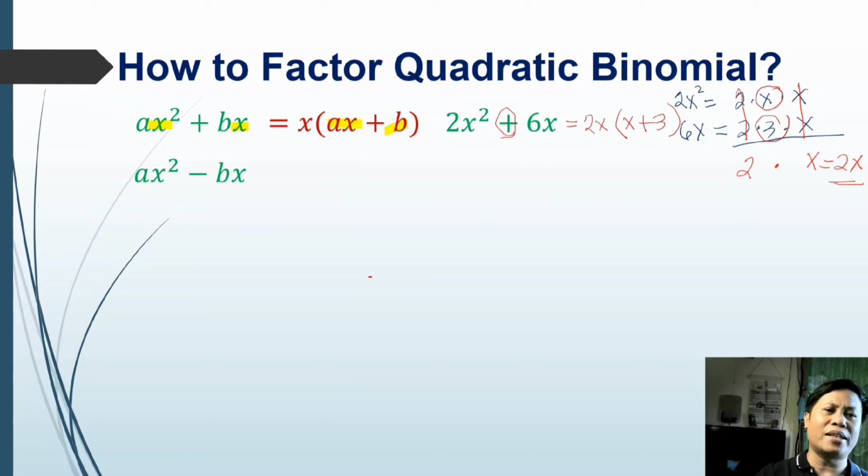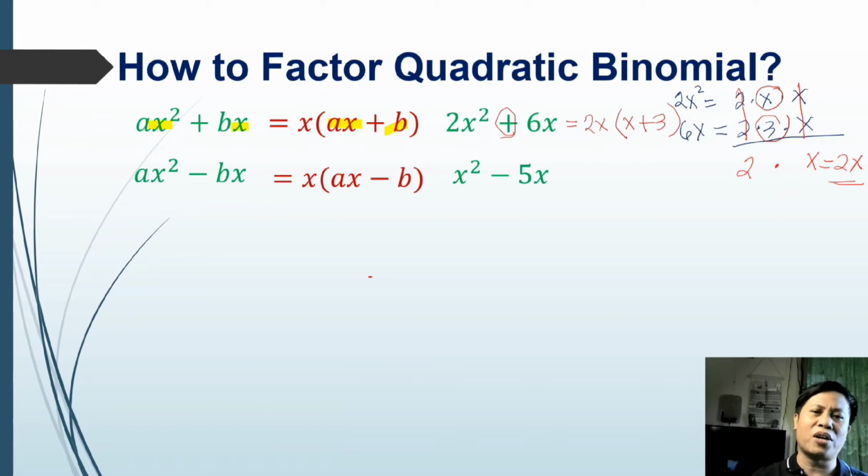Pero halimbawa, ang given natin ay ax squared minus bx. So, halos kaparehas lang sila. The difference is the operation between the two. This one is minus. So, ganun pa rin ang magiging factors niya. Maiba lang doon sa sign. Yan, x times ax minus b. So, halimbawa, mayroon tayong x squared minus 5x. Ano ang factors niya?